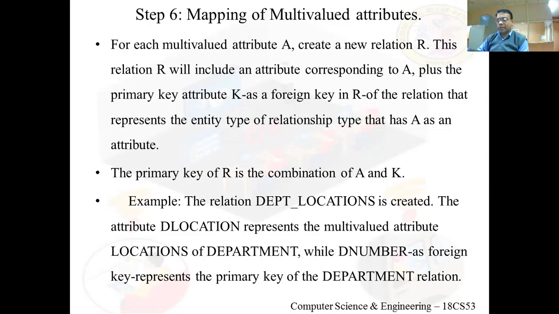Let me complete this part. The relation R will include an attribute corresponding to A plus the primary key attribute K as a foreign key in R of the relation that represents the entity type or relationship type that has A as an attribute. So the primary key of R is a combination of A and K.